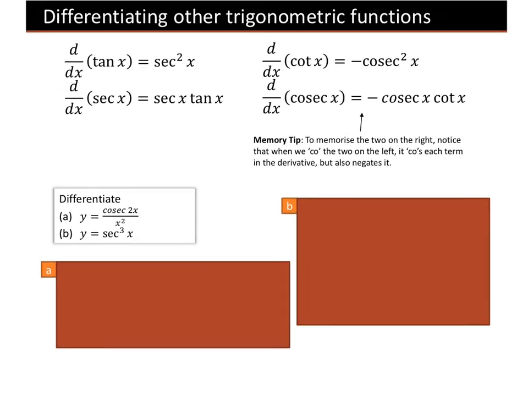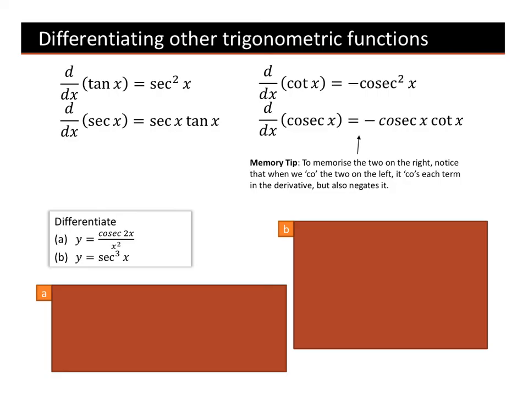So for part A, differentiate y equals cosec 2x over x squared. Straight away, what do we have? Quotient rule. U is cosec 2x. V is x squared. V squared is x to the power of 4.